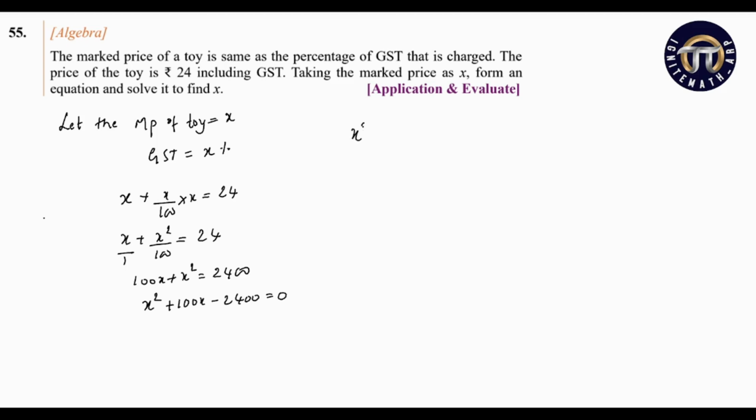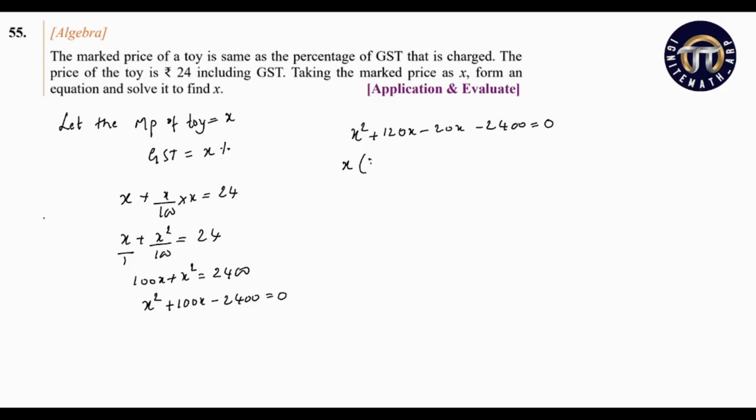Now again I split it and factorize. x², see here 100 I need to get in the middle. So what I can do over here is x² + 120x − 20x − 2400 = 0.